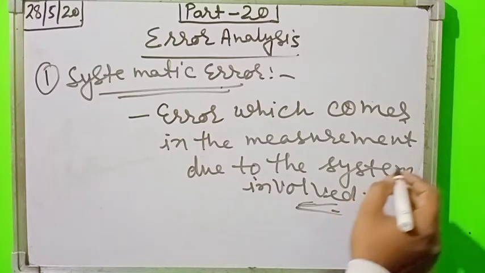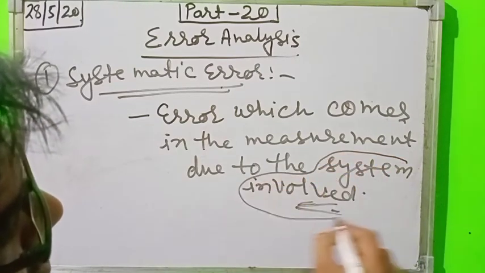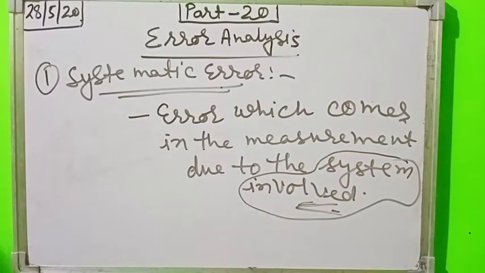Now there is a question in your mind, what is the system involved in the measurement? So think over that. The system involved in the measurement is your measuring instrument, your way to perform the experiment, your calibration of the instrument, how you are taking the measurement.